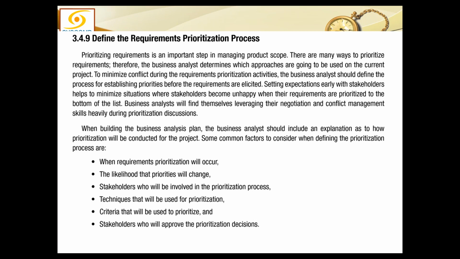The likelihood that priorities will change. There is definitely a likelihood that over a period of time stakeholders change, so why not the priorities? And if they change, we will have to reorder the requirements. Then, the stakeholders who will be involved in the prioritization process. Naturally, we can't have all the stakeholders sitting down there.